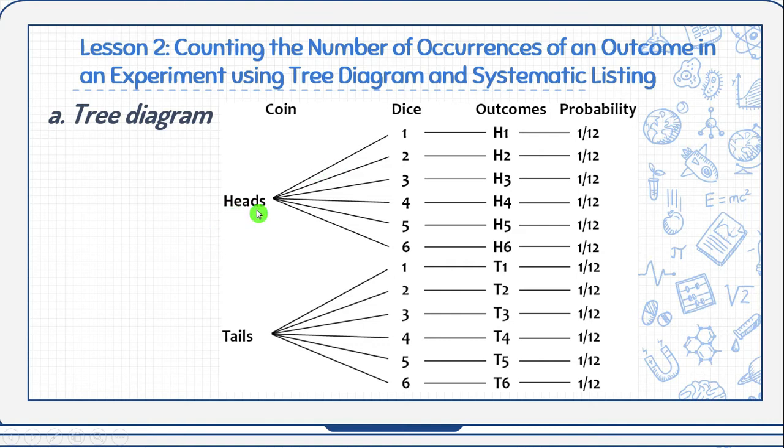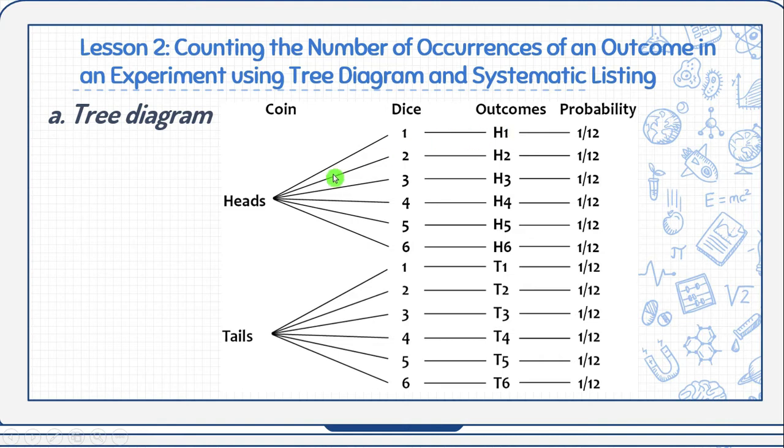Tapos si dice is either 1 2 3 4 5 or 6. Pwede din na yung result ay tails. Di ba? Tapos yung result ni dice ay 1, 2, 3, 4, 5, or 6. So from this tree diagram, makuha natin yung outcomes. Di ba? So, outcome na posible ay si head, tapos si dice ay si 1.